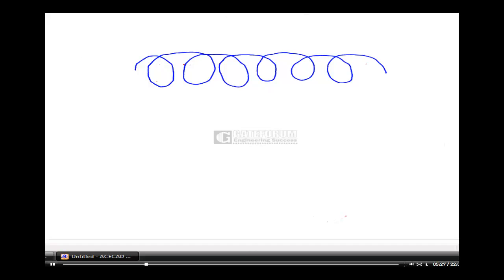These are nothing but circles. So it will rotate like this. The orientation of the wave is in the form of a circular wave. The application is the helical antenna.